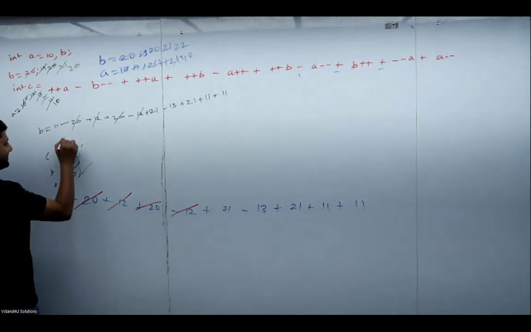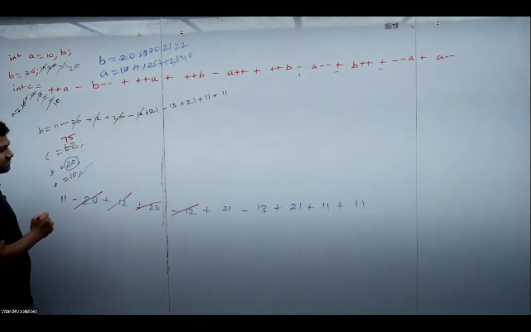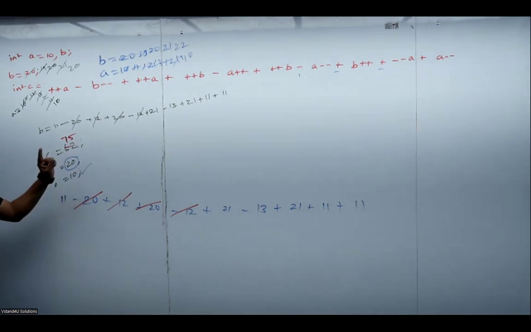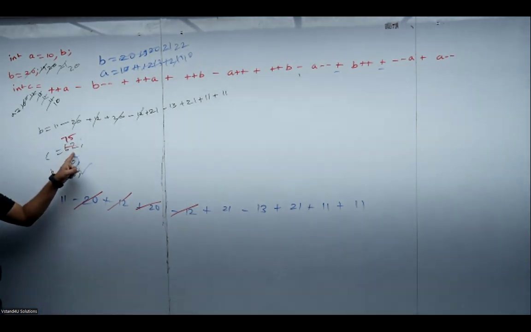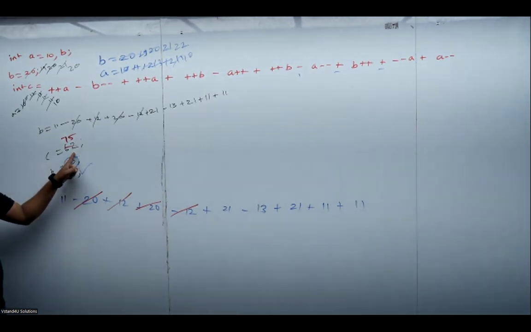Sure? Minus 13 is there also, no? Then again we came to the exact same equation we have solved. 75 minus 13 is 62. That time also, a few minutes back, right? You are copy pasting the same scenario, right?